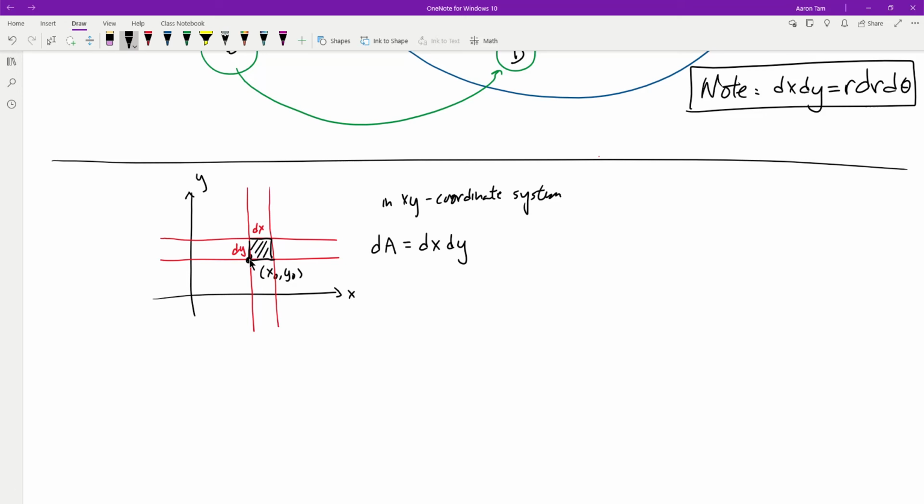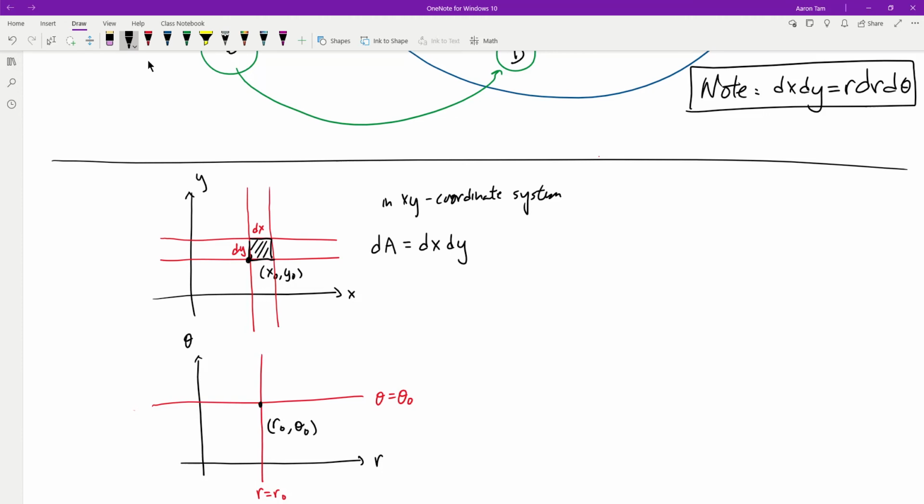Now, however, here's the interesting thing. What if I look at something in the r theta coordinate system? Same exact concept. Let's say I have r equal to r sub 0, and theta equal to theta sub 0, and then define this one point right here, which is r sub 0, theta sub 0.